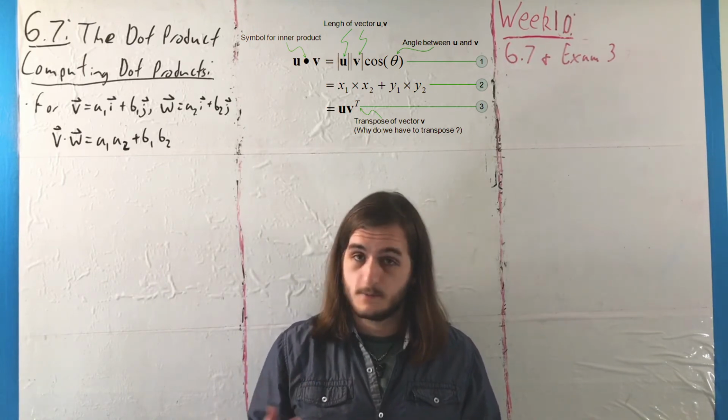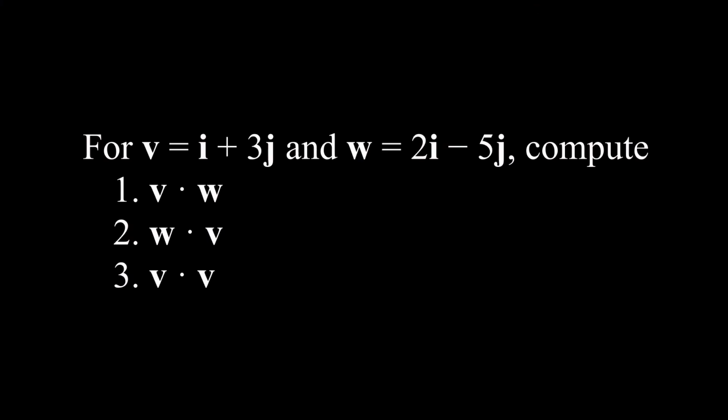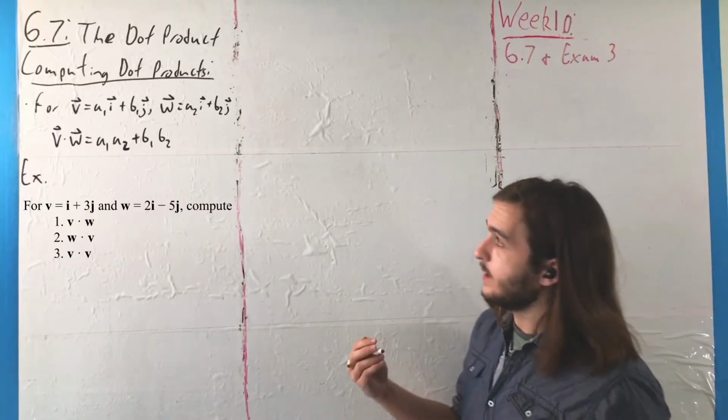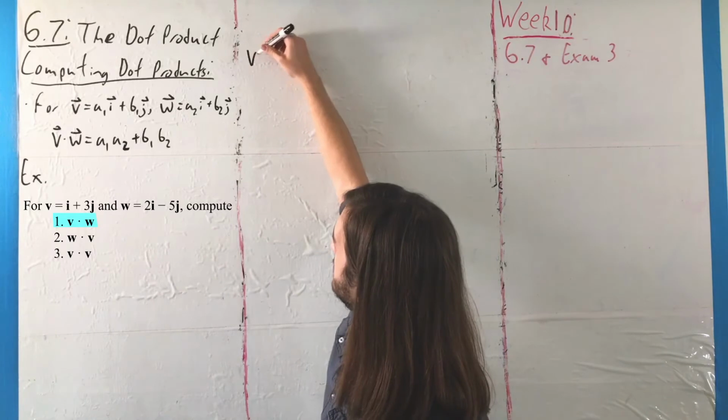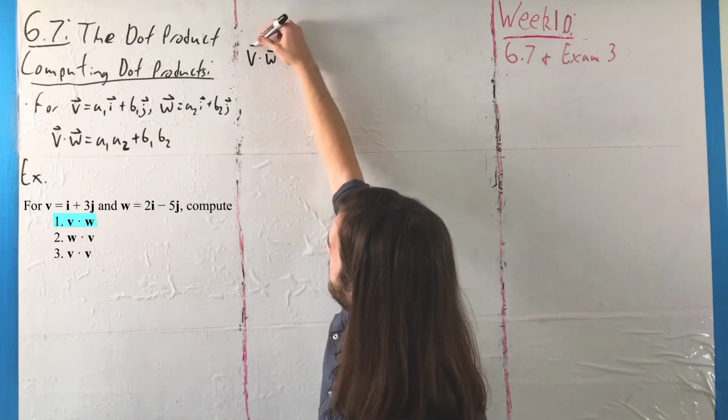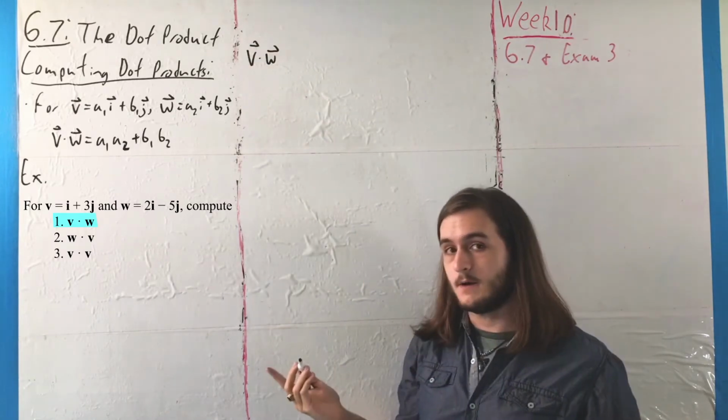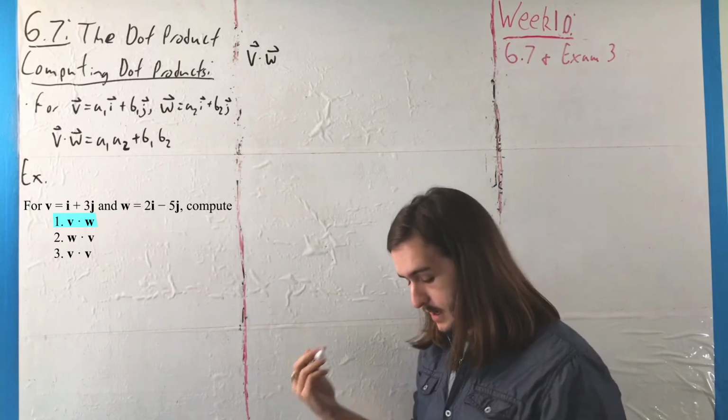So if you want some examples of how this works, if we have vectors v equals i plus 3j and w equals 2i minus 5j, and want to compute v dot w, w dot v, and v dot v, in our first case, for v dot w, what we want to do is match up our terms, multiply and add.